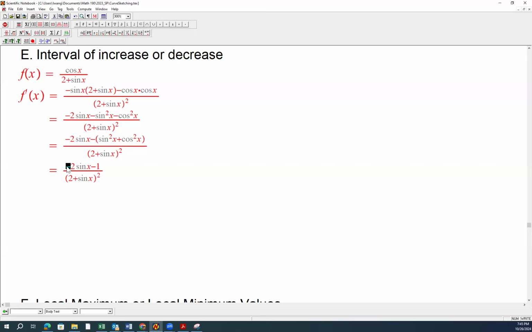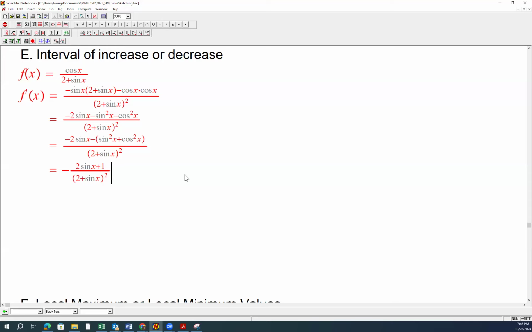The negative sign can be factored out and we put a negative sign in the front. You don't have to do that, but it just makes it easier.